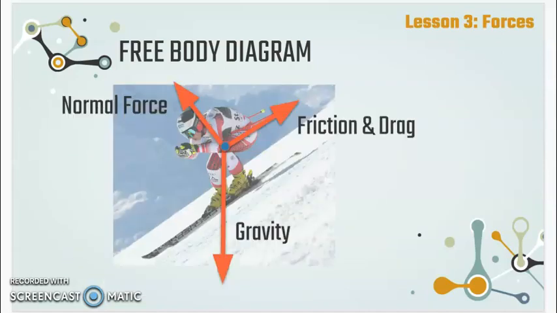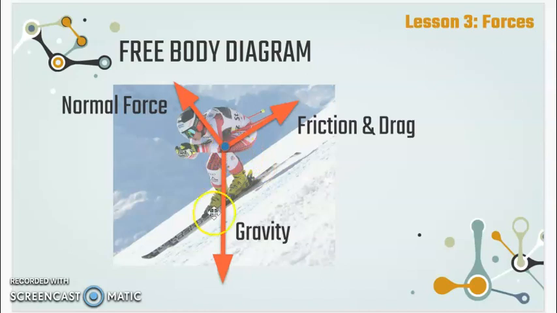Last example, I've got this skier going down a hill. I wanted to show you one that was on a slant. The normal force you can see is perpendicular to the surface of the ski slope. That's the force of the slope pushing back on our skier. I've got friction and drag that are parallel to the surface of the slope: the friction of the skis on the snow, and then the air resistance, the drag.